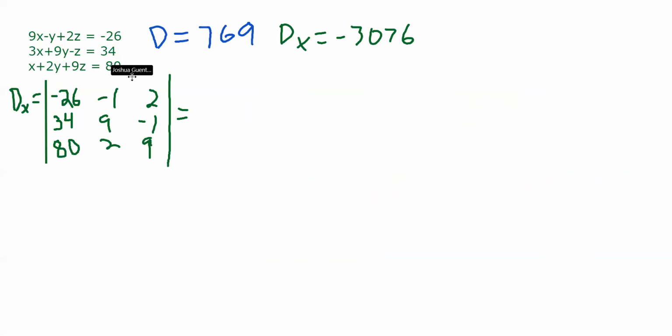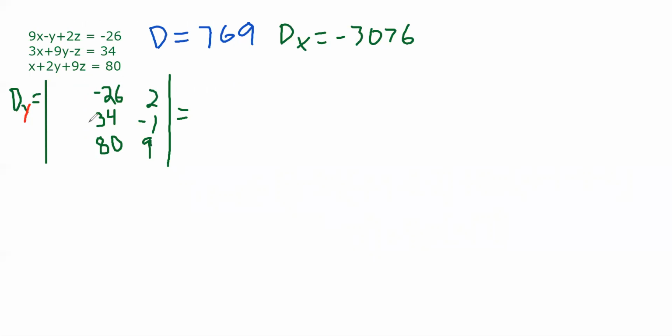So now this time, we need to take the entire second column and replace it with this solutions column here. And now we're computing dy. And I'll use a slightly different color.